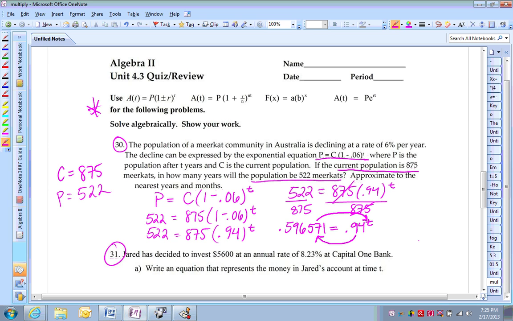So I write this as log base 0.94 of 0.596571 equals T. Okay? And now I can go into my calculator and actually find this value. So that's all I need to do.